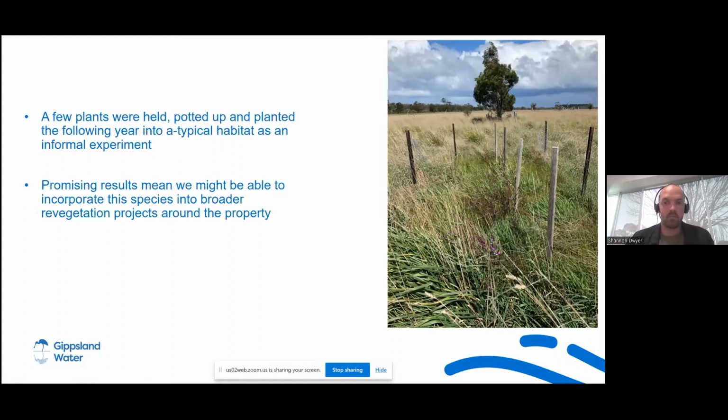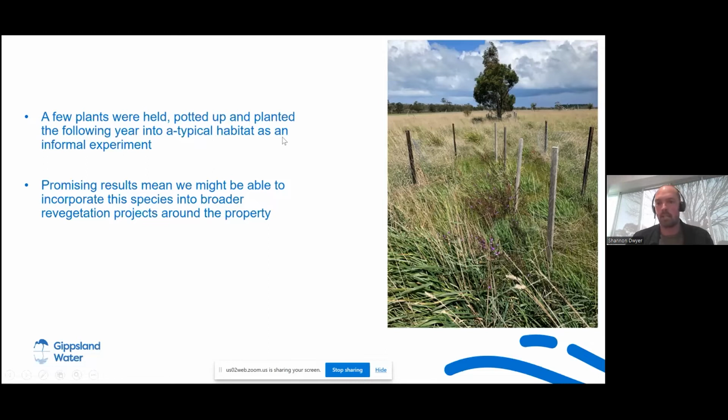So we established a few plants in here just to see how they'd go with being in an open, windswept pasture, and they're doing really well. A year on from planting, they're flowering, they're quite vigorously growing, even though they're competing with the grass in here. There's recently been a bit of hand weeding done in here, but other than that, there's no real management of these.